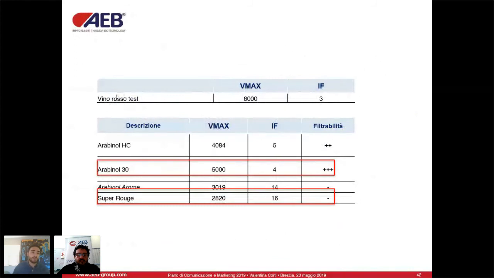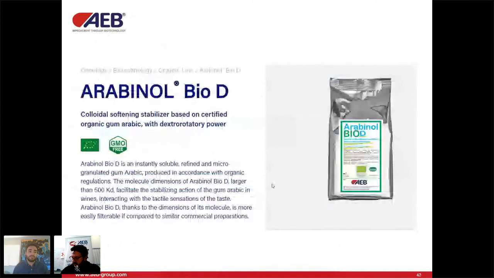As you can see here, the control wine has a filterability index of 3, and the addition of Arabinol 30 increases the filterability index by just 1, while the other gum, the one more for color, impacts filtration more. I also want to mention that Arabinol also comes in a certified organic form.